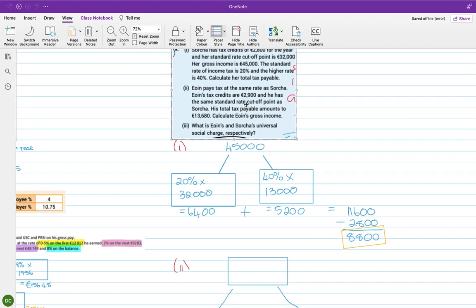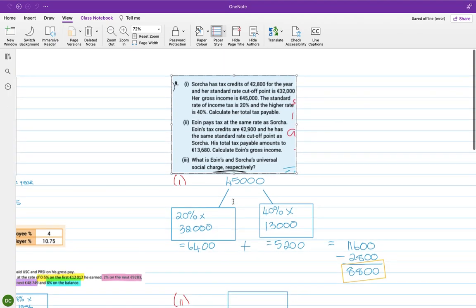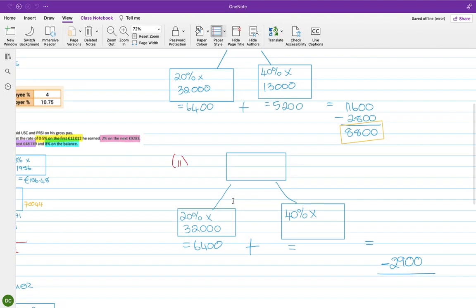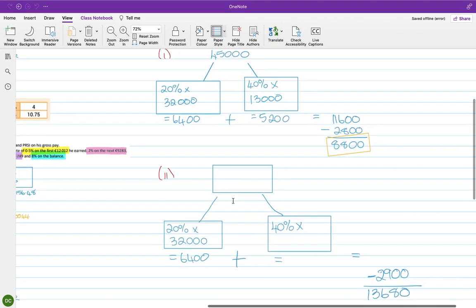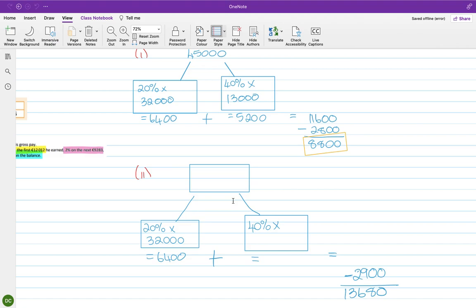So whatever we get, we're going to minus 2,800, same tax credits? No, 2,900. So we're going to minus 2,900 and the answer we're going to get to that is 13,680. Yeah, we're just working backwards. So we can figure out this number here by adding those two.